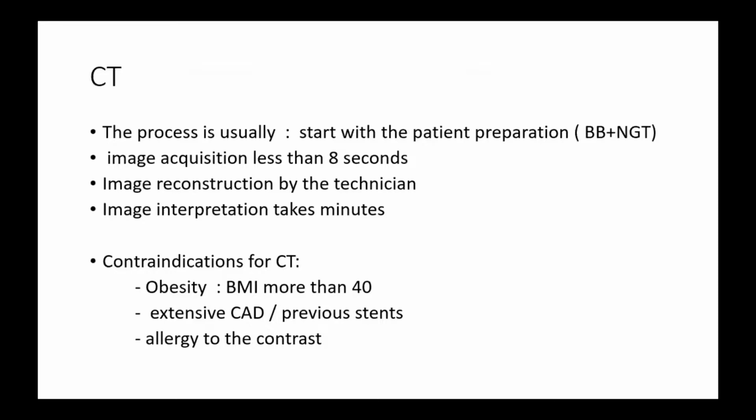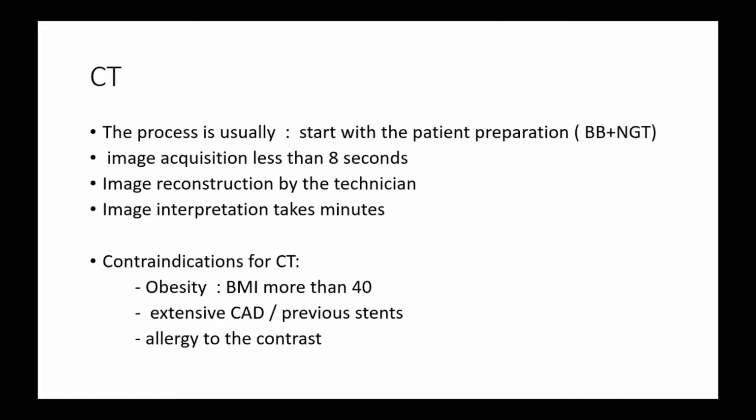A CT is a process which usually starts with patient preparation. We usually give them a beta blocker and nitrates to dilate their vessels and to lower the heart rate, because, I will not go into the technicality of the CT, it's what we call an ECG gated CT. You need to lower the heart rate because you are actually taking an image of a moving object.